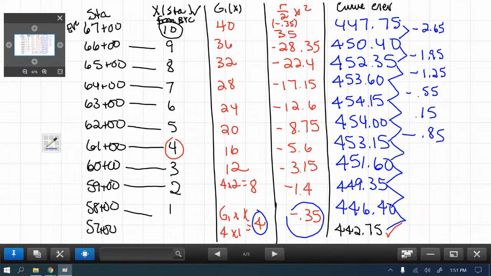Hopefully I'm putting them in the right place. And they show you in the book how to do this. So 453.15 minus 451.6.